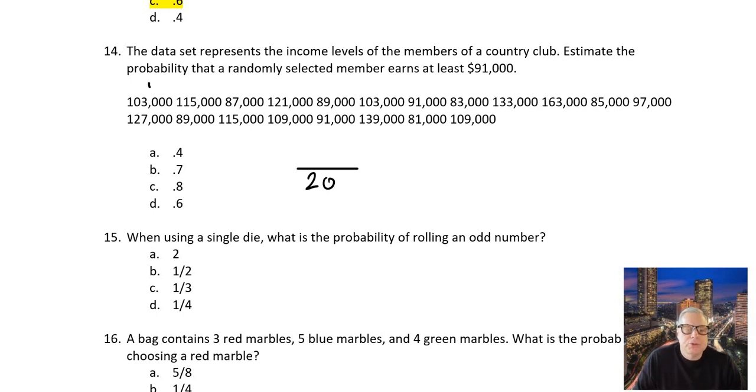Well, this one, that one, this one, this one, this one, that one, this one not, but this one, that one, this one not, at least this one. Okay, so that's 14 over 20 or 7 over 10, so 70%.